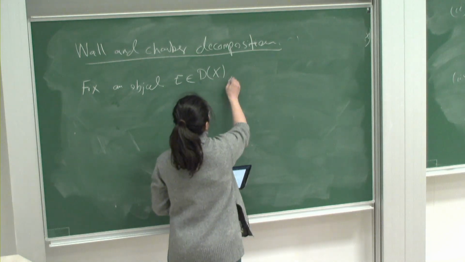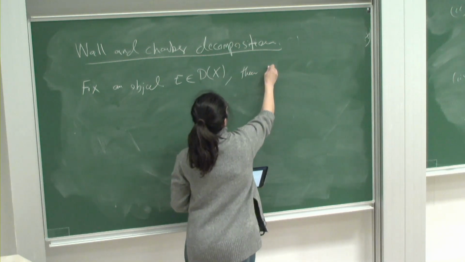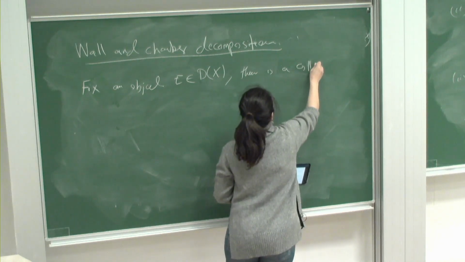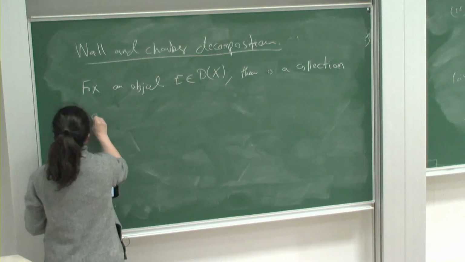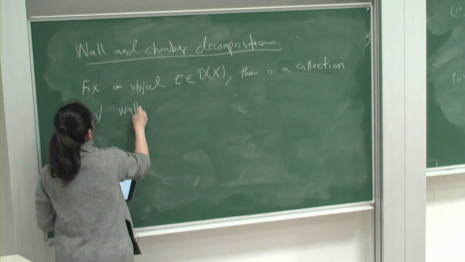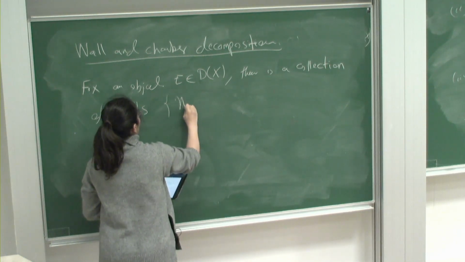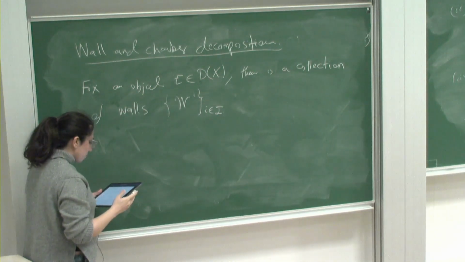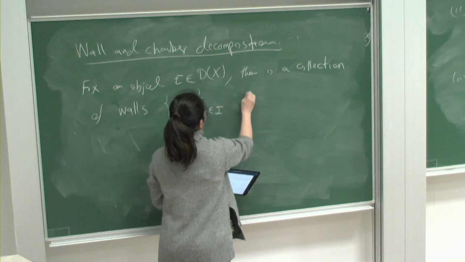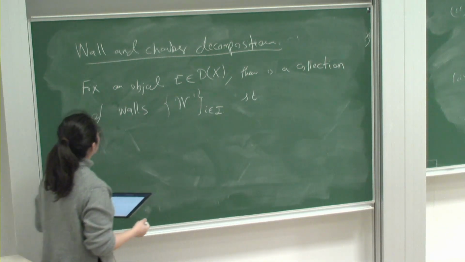Then the claim is that there is a collection of walls that I'm denoting by W_i for i in this index set I, such that several conditions are satisfied.